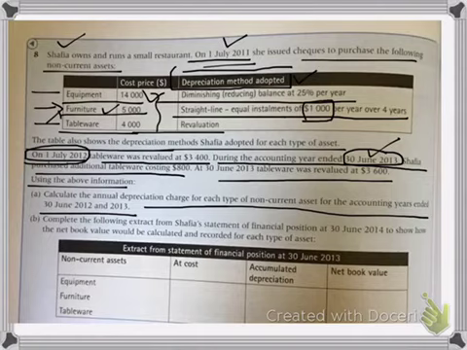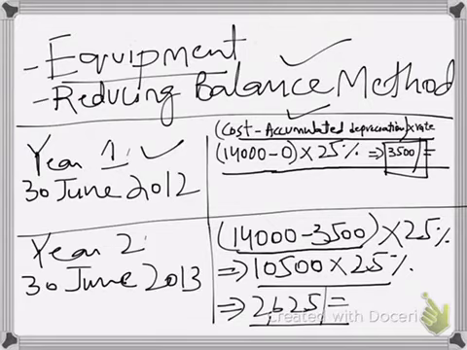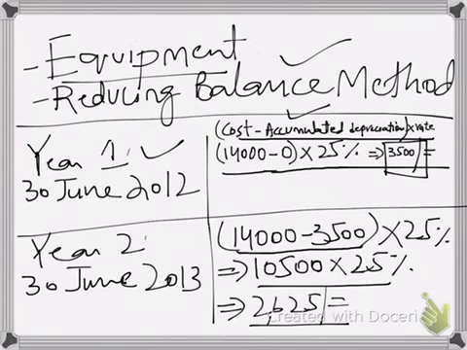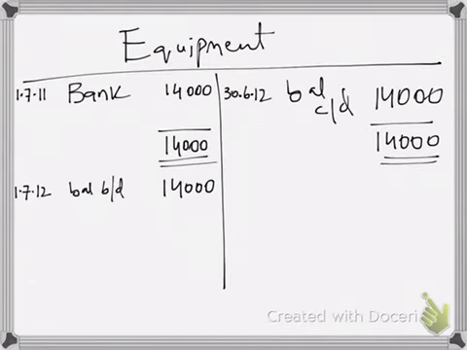Now we'll calculate the depreciation for tableware. But before doing that, I'm going to record this depreciation that I've calculated, and also this asset that we bought, equipment. So I'll make a T account for equipment as well as the depreciation for equipment, right? Okay, so this is how you make the equipment account.